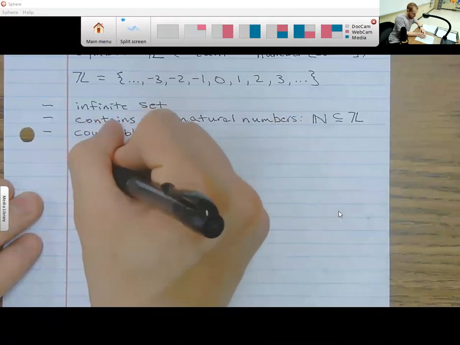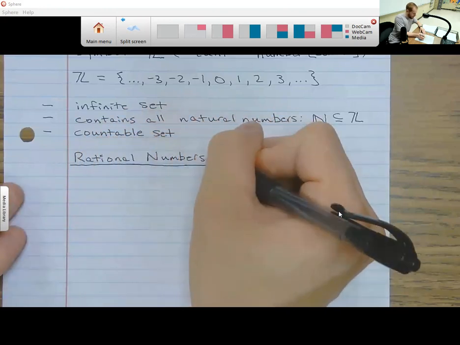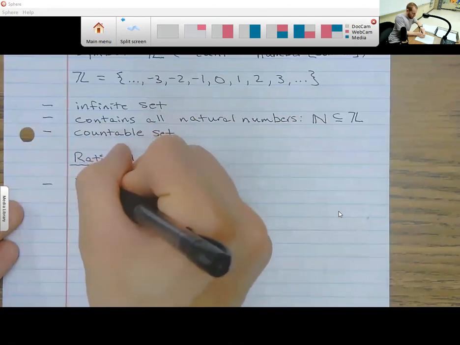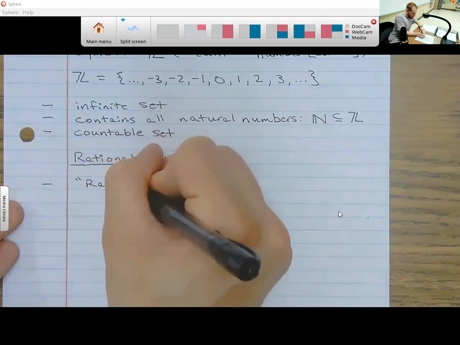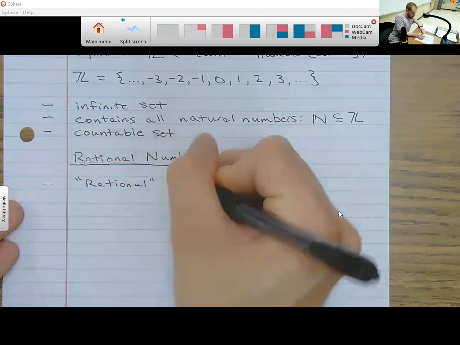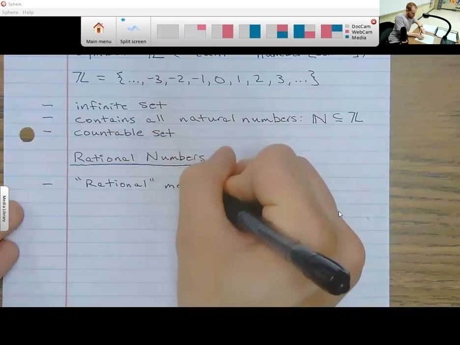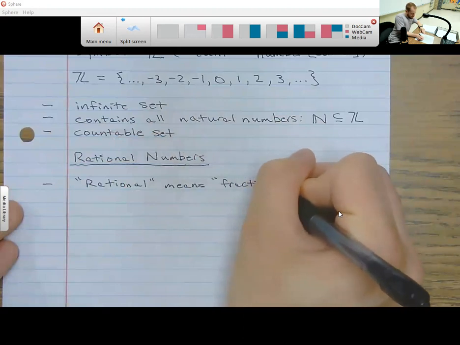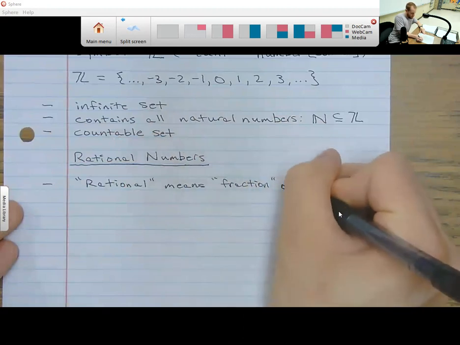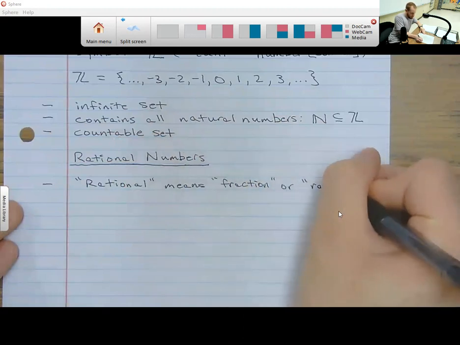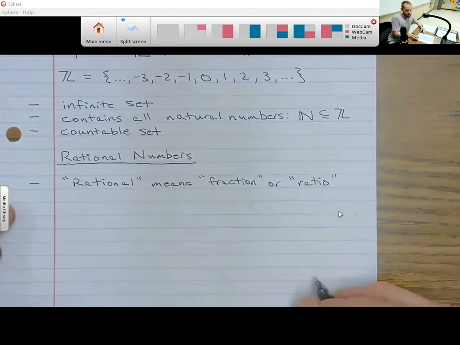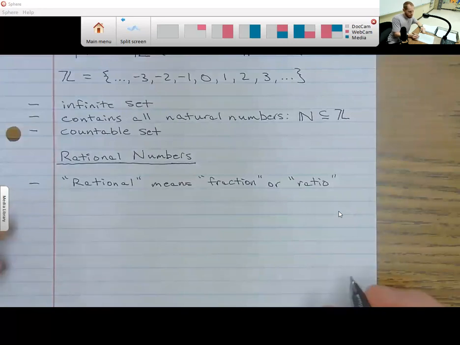As you know, rational is just another word that means fraction, or it could also mean ratio. And remember that a ratio is just a relationship between two numbers.